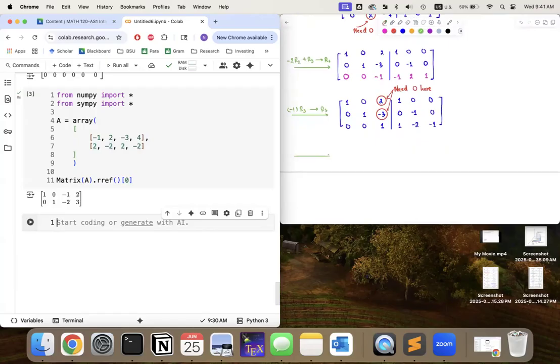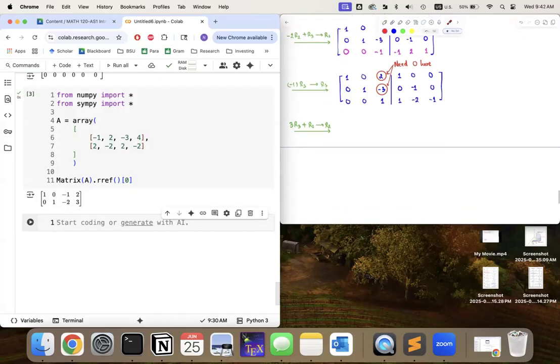To turn this into a zero, you multiply +3 with row 3 and add with row 2 to get a new row 2. And to get a 0 here, you multiply row 3 by -2 and add with row 1 to create a new row 1. And you follow the same procedures that we had before.